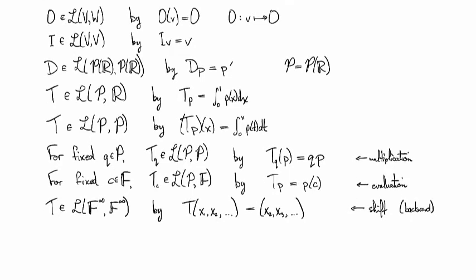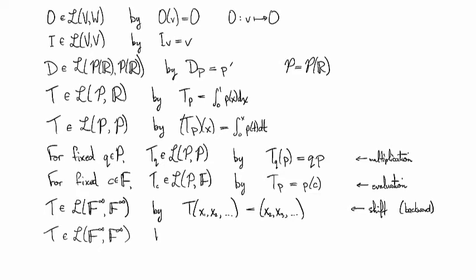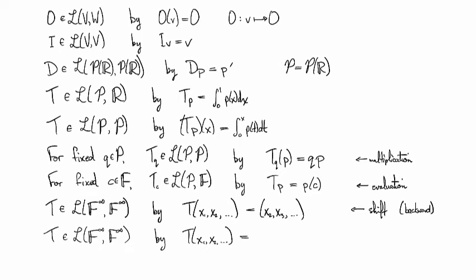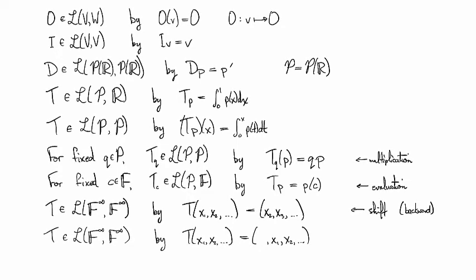There's also the forward shift. This takes a sequence and bumps everybody to the right. And so people usually put a 0 in here.